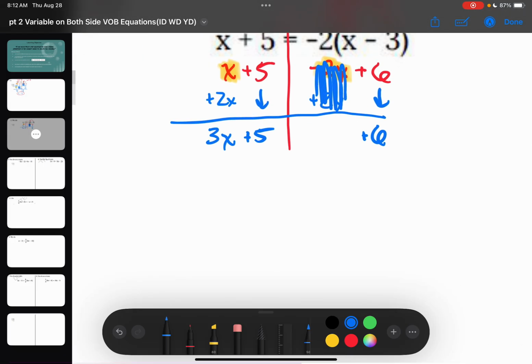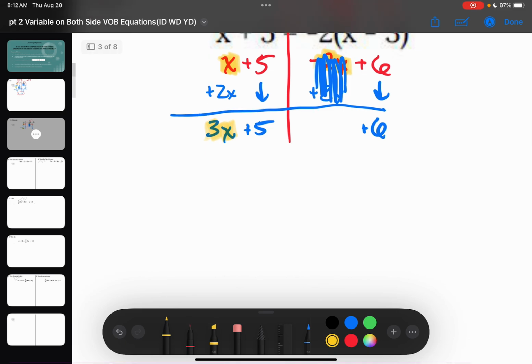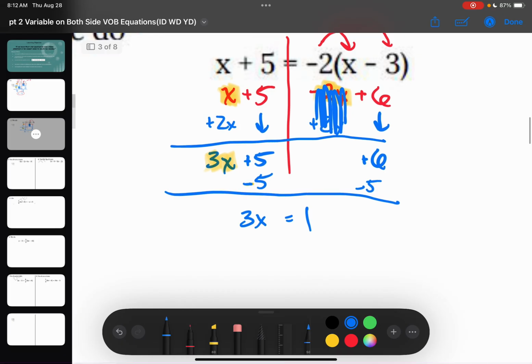So now again, the variable, this is one of the keys here. The variable for me, the way I did it, is on the left side, which means I need to move that 5 to the right side. So I'm going to subtract 5 and subtract 5. 3x equals 1. Now here we got to be careful, because what are we going to do? Well, we got to make sure that we divide by 3.